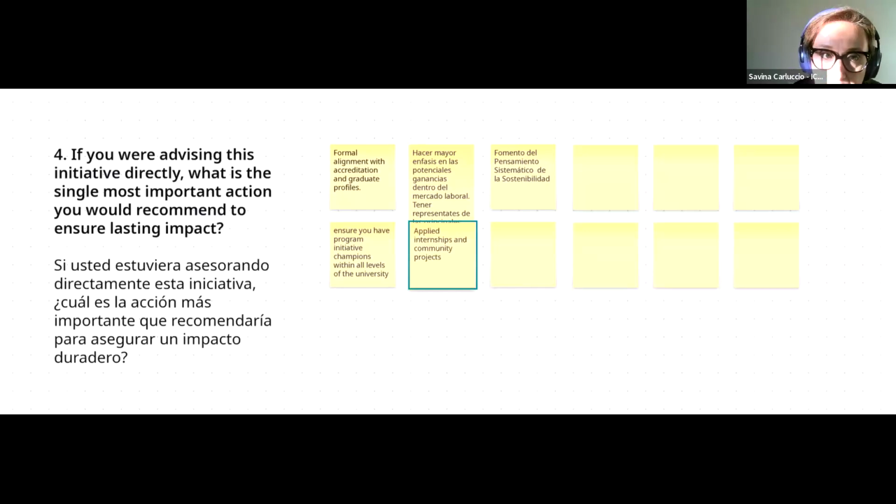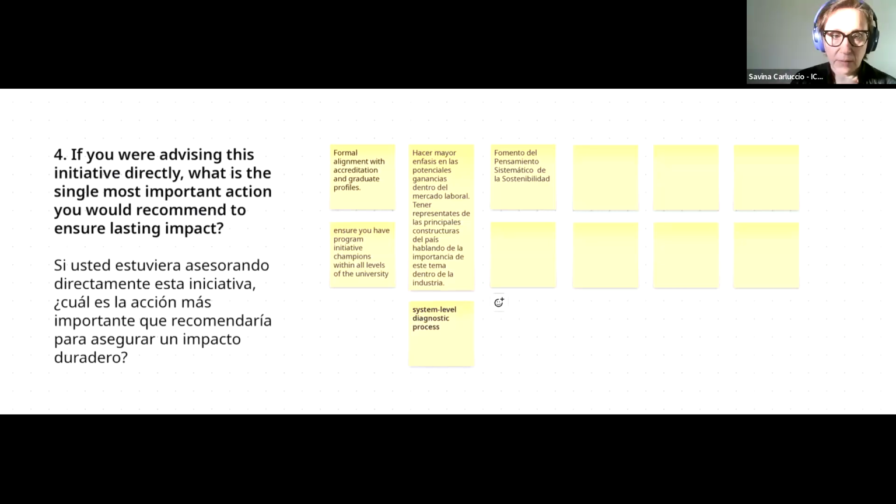Vuelvo al inglés. I think we are almost, in fact, I would say 3 minutes over the time that we've scheduled for this session. I see that there are many different inputs in the whiteboard, so we will send you for sure all this, and we hope it's going to be useful.